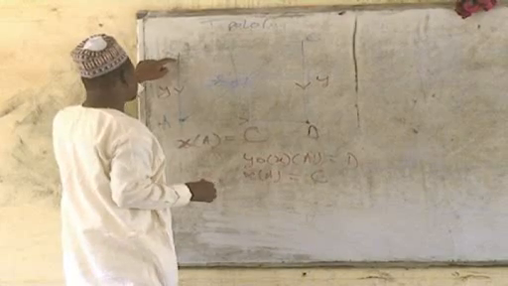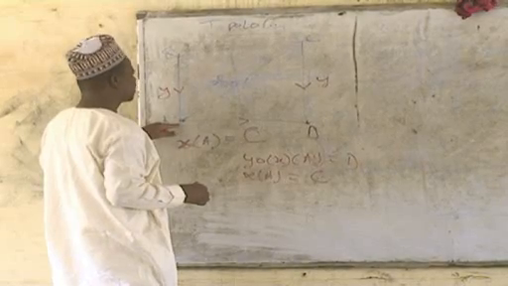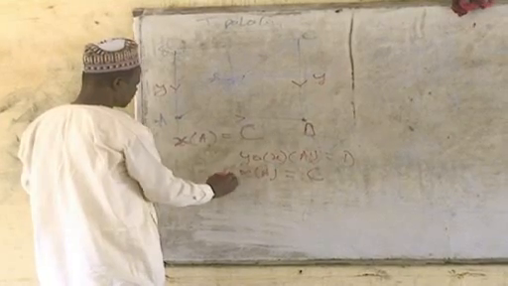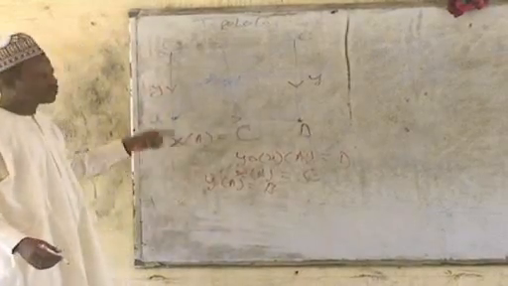So if you want to come here, what do you do from here? You say y inverse A is B, and so on and so forth. So you can complete this.